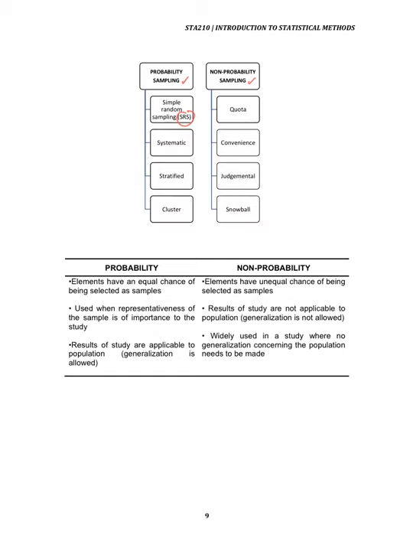Whereas for non-probability, we cannot make conclusions for the whole population. The conclusion is only suitable to the selected sample. And then the third one, the results are applicable to the population, same thing as point number 2. For non-probability, it is widely used in a study where no generalization concerning the population needs to be made.